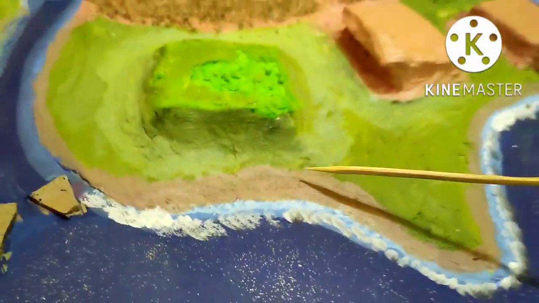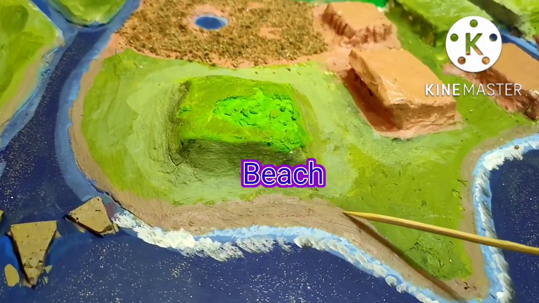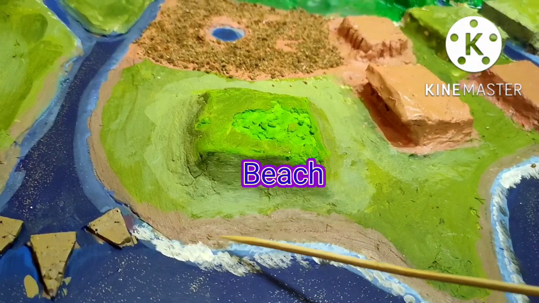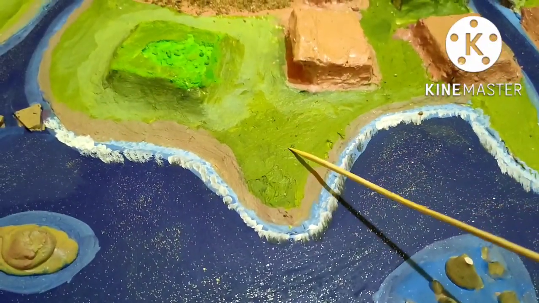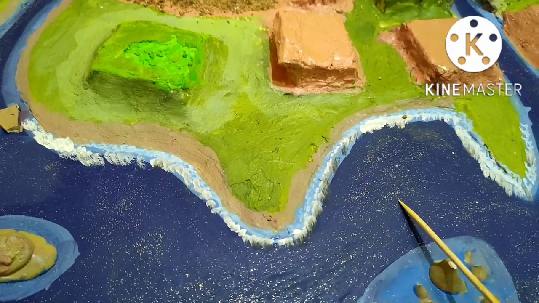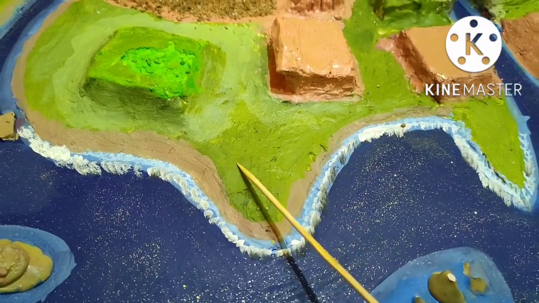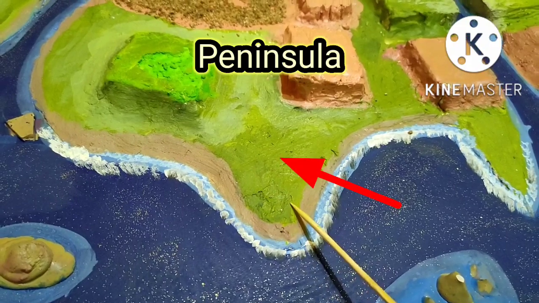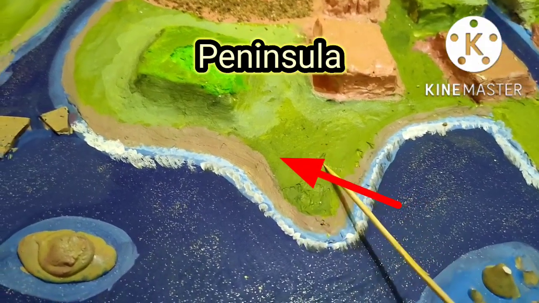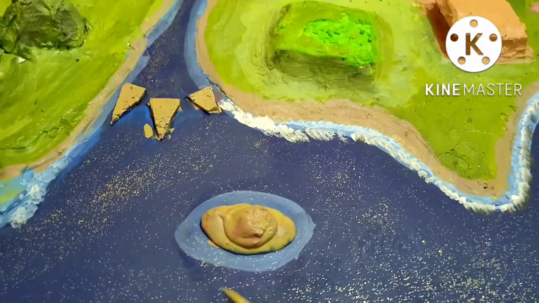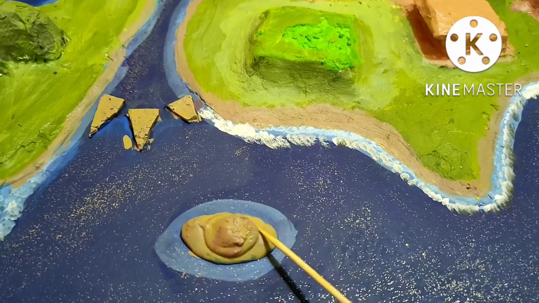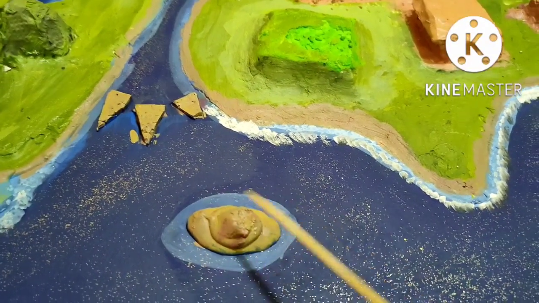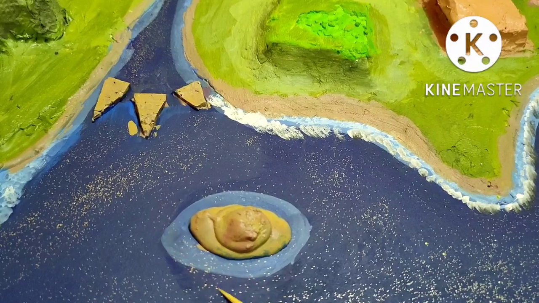And here you can see this is a beach. We can see this type of beach in the coastal area. And here you observe the land is surrounded on three sides by water and one side is land. Then this is called a peninsula. We have three sides water and one side land, and this has four sides water, so this is an island.